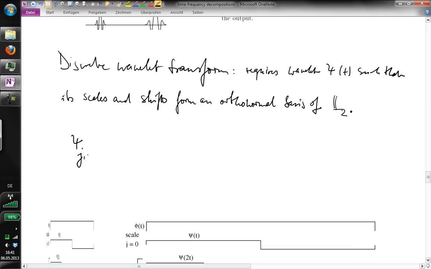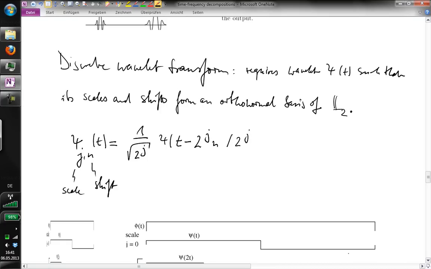So if you use 2 indices, an index j for the scale and an index n for the shift, where both j and n have to be integer numbers, then you want these psi j n of t to offer you an orthonormal basis.